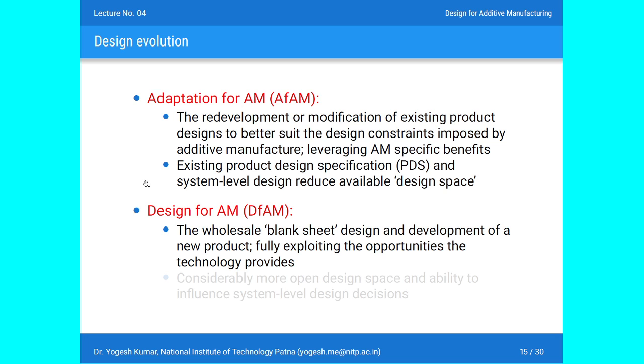Then, talking about design for additive manufacturing: when we design the component specifically for it, taking into consideration the design rules which we discussed previously, you need to rethink again and explore the best possible combinations out of the available constraints, so that you are able to produce the component in the most effective manner.